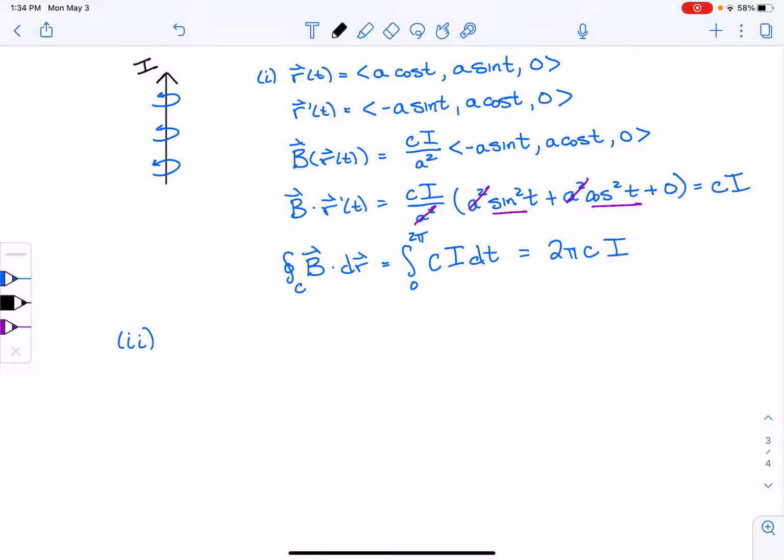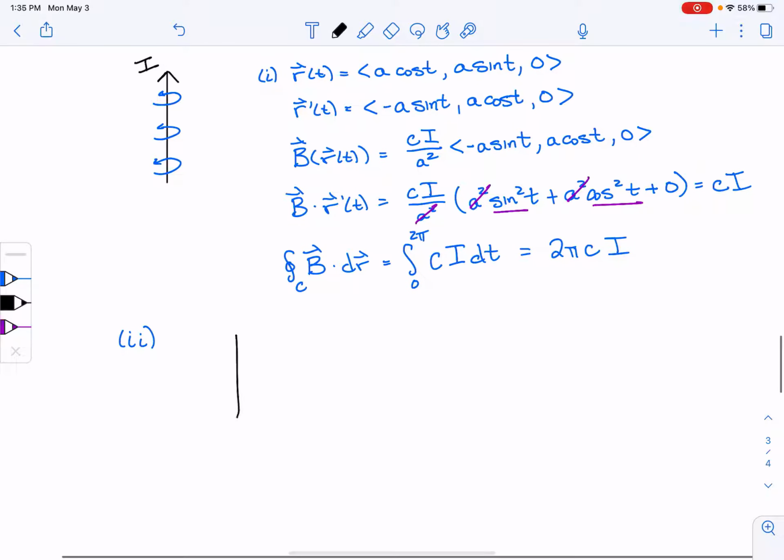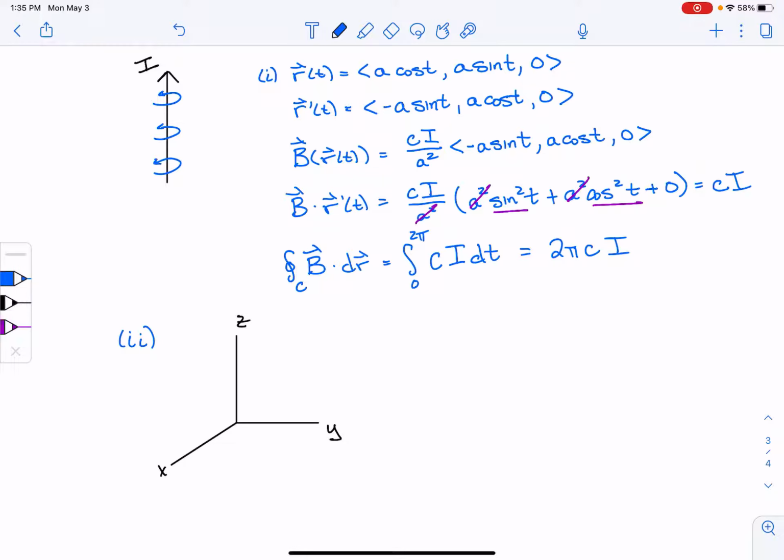So what we're going to have is, in the XYZ coordinate system, our curve that we had before. And then that's our cylinder.